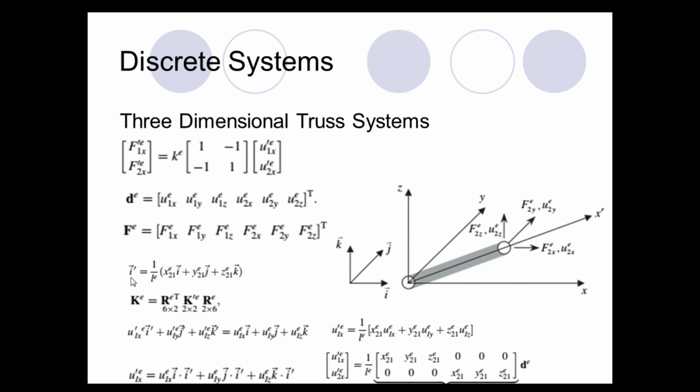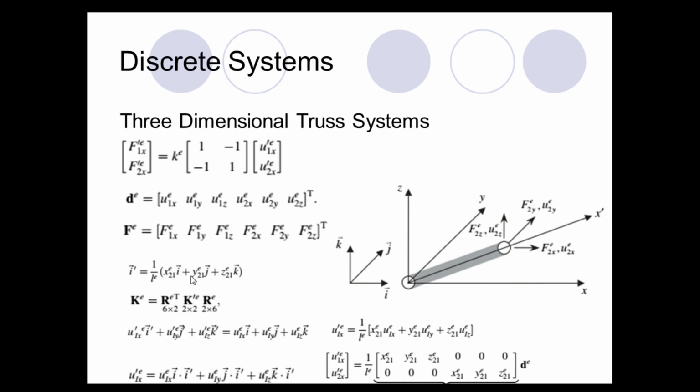But now we have a director vector or unit vector along the truss element. We need to define it. In this case, what we do is we calculate the relative position of node 2 with respect to node 1. We know it from statics. So first we calculate x21, then y21, then z21.